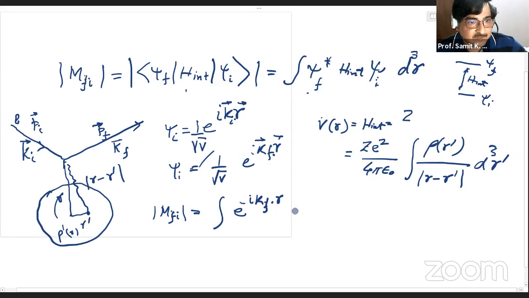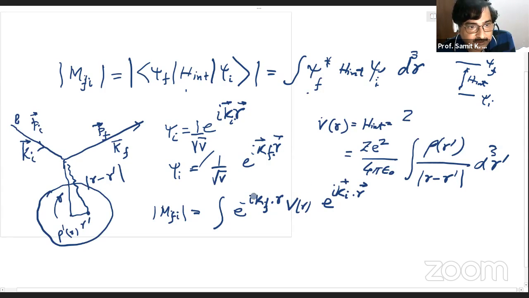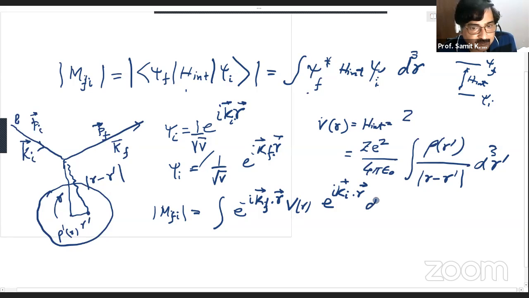This is all a vector quantity, there is a dot product, and then you have V(r) here, and then e to the power i k_i dot r. Everything is a vector quantity, so I should also mention here d^3r.